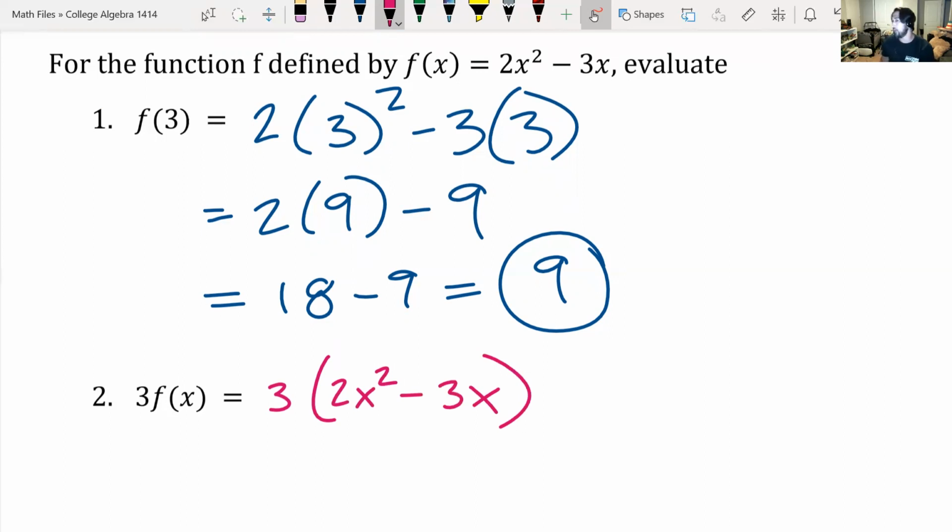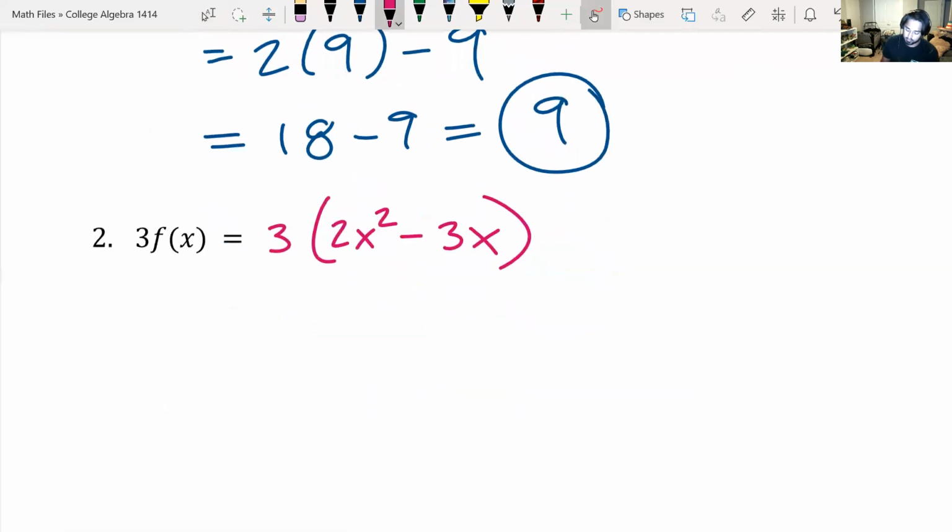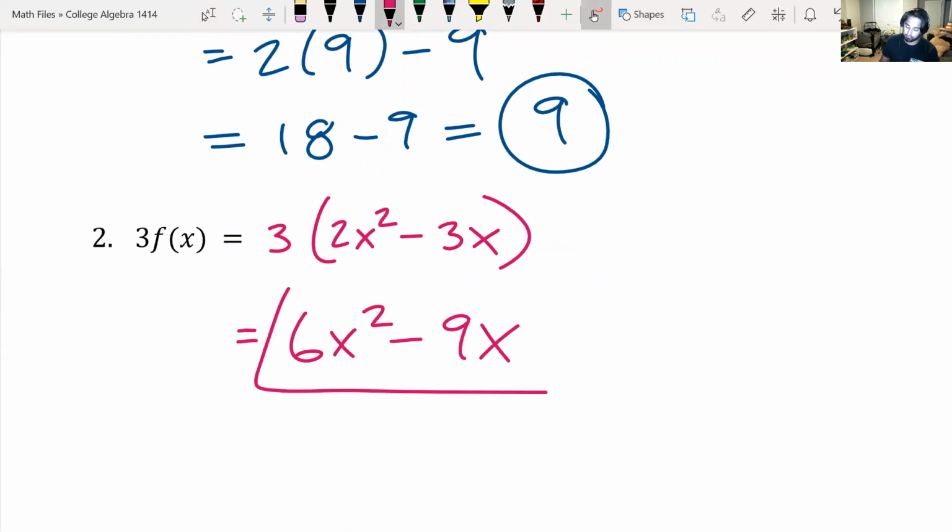Distribute the 3, and we're done. Six x squared minus 9x. Done.